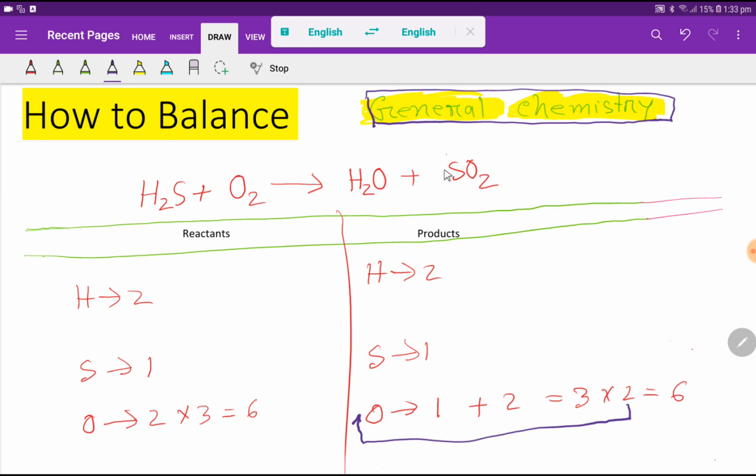We are not able to fix the position of these two. Since this atom may come from these two compounds, to balance this atom may create problems, right? So here it is creating problem.